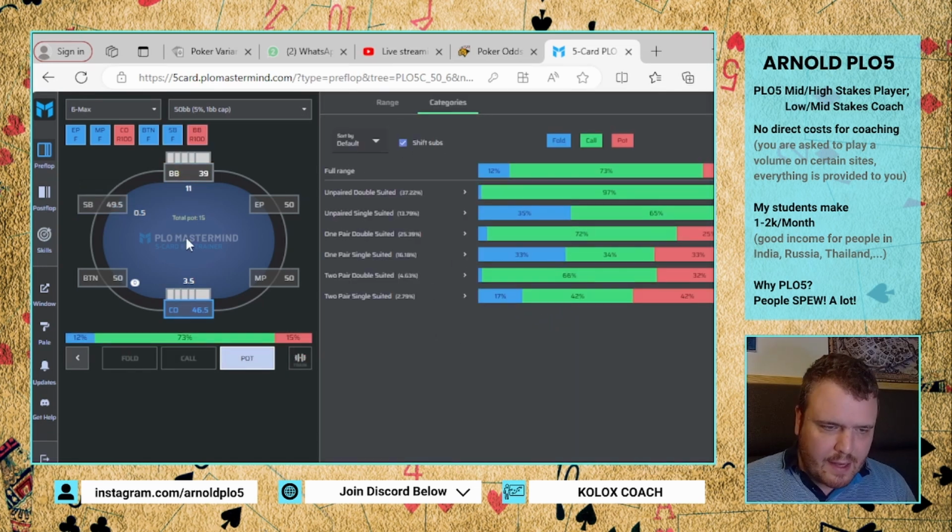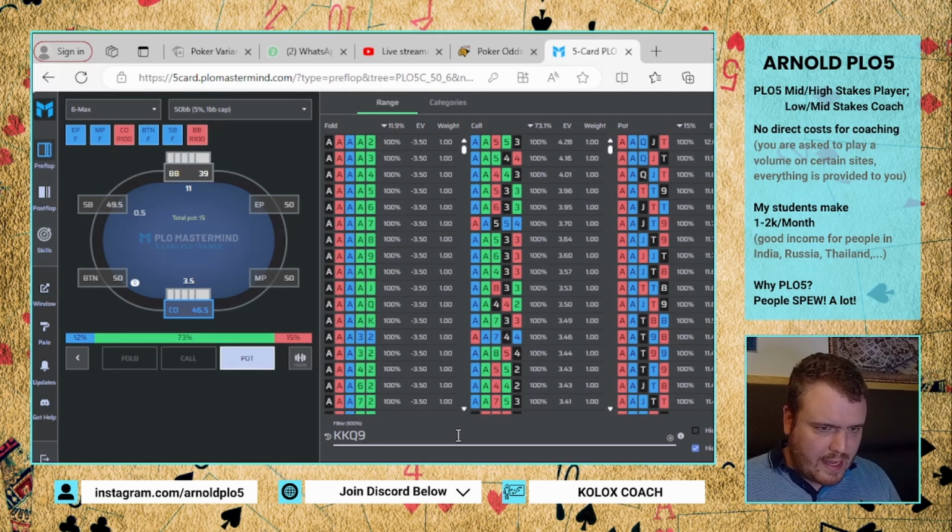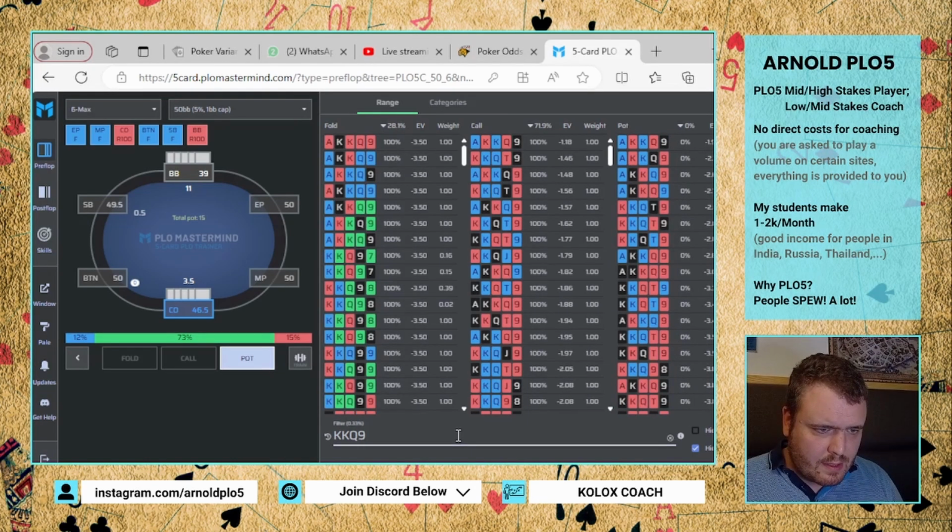The same hand is not there, which is clear, because it was not an open raise in the first place. But when I put in king, king, queen, 9, are there other folds? And there are folds, single suited. I have it double suited.